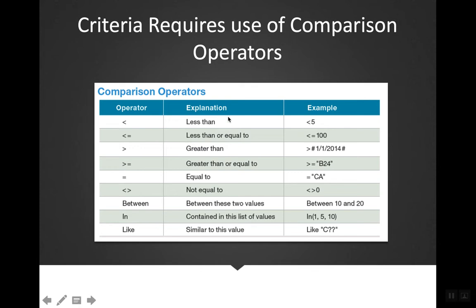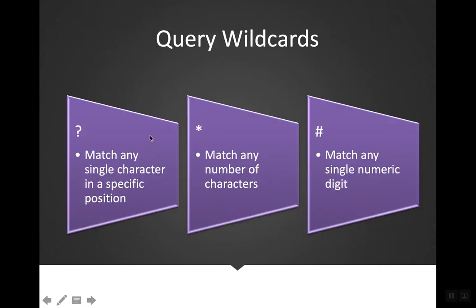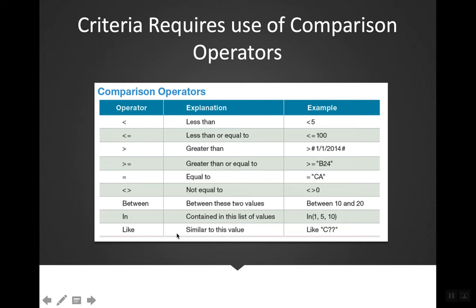Talked about criteria. For the comparison operators, you can do a less than, a greater than, an equal to. You can also do a less than or equal to. Now, this is actually an important concept to grasp. If you say less than 5, the result set is 4, 3, 2, 1, 0, and anything negative.